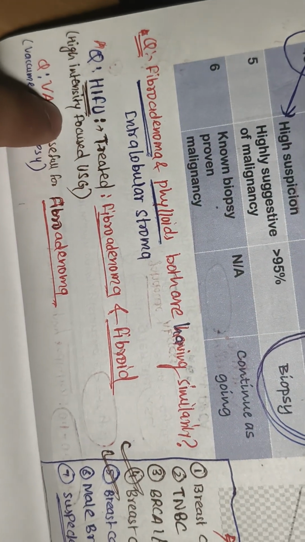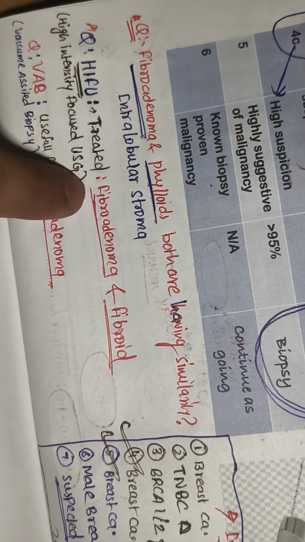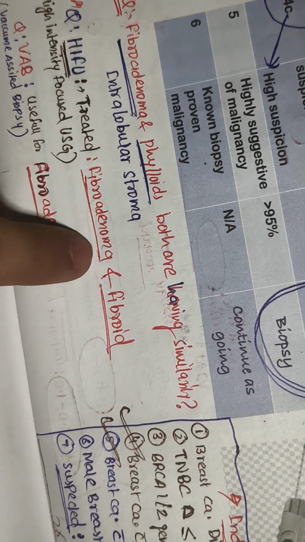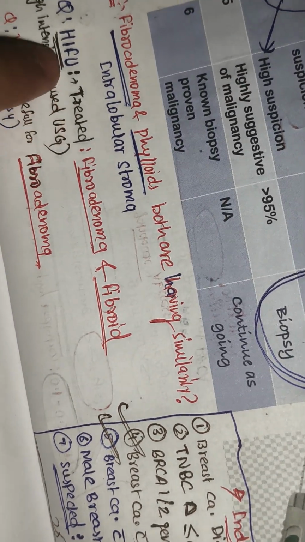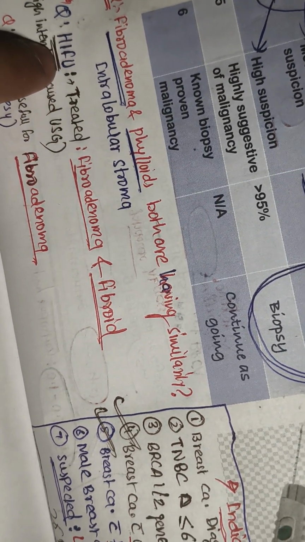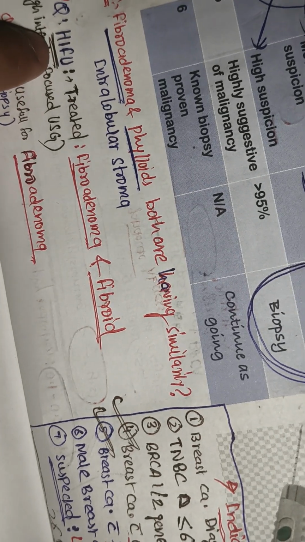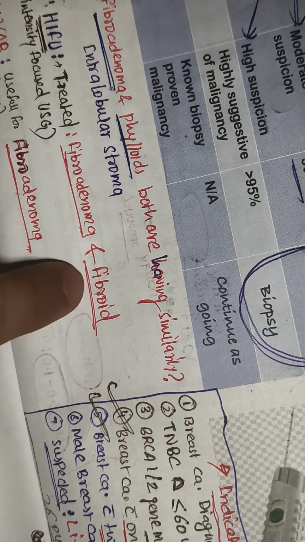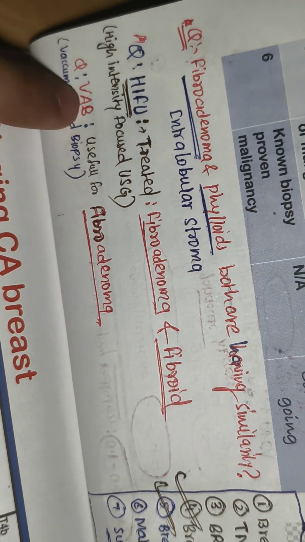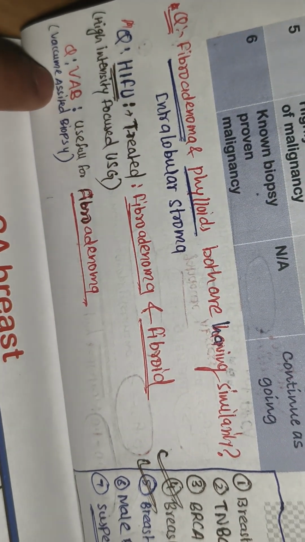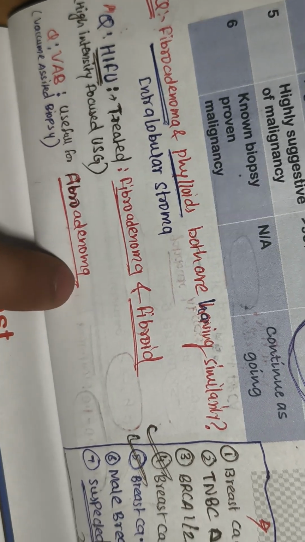These are the similarities. High intensity focused ultrasound, HIFU, is used to treat fibroadenoma and fibroid. Both have F in HIFU. So we can say fibroadenoma and fibroid. VAB, vacuum assisted biopsy, is useful for fibroadenoma.